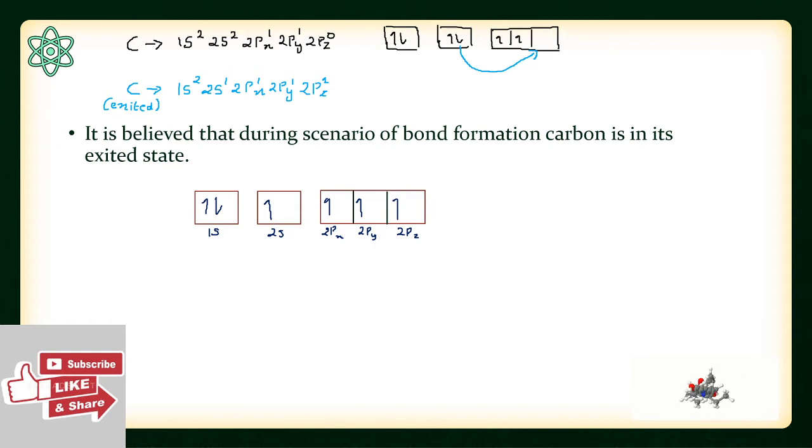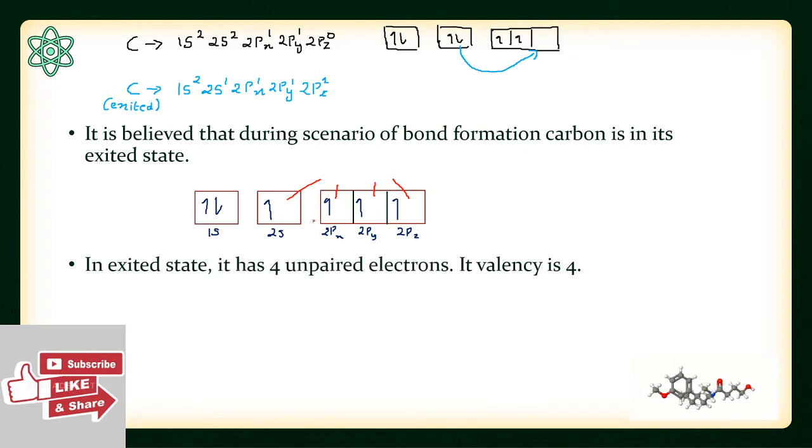Now if we observe clearly, we can see that there are four unpaired electrons. So in the excited state, it has four unpaired electrons and its valency is 4. So during bond formation, carbon is believed to be in its excited state.